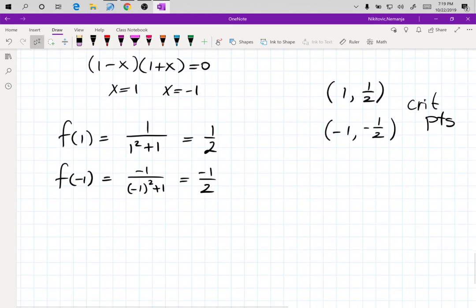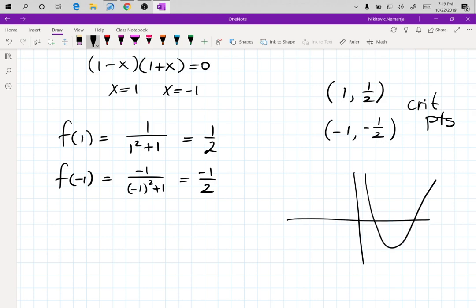Now, let's say you have a function that looks like this. Oh, sorry, I drew this wrong. You put a slant asymptote, like this, and here is your minimum on the positive and the maximum on the negative.